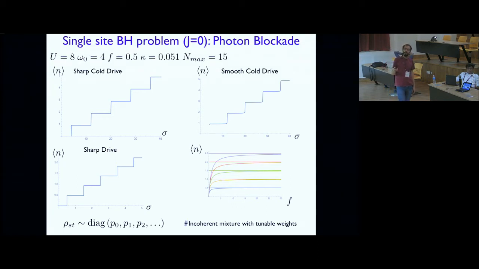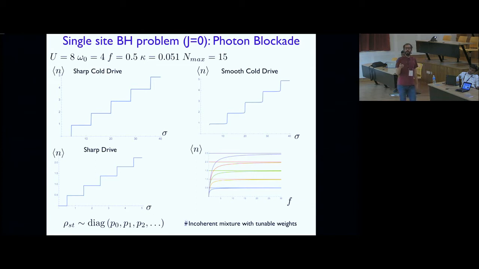So depending on which drive protocol you use, you can end up in an incoherent mixture of photons, which has different weights, and these weights are all fully tunable. So by increasing the strength of the drive, you can actually go to a state which has almost integer filling.